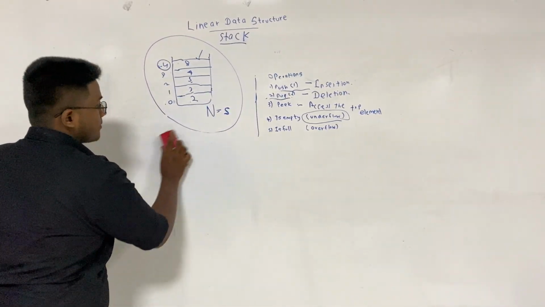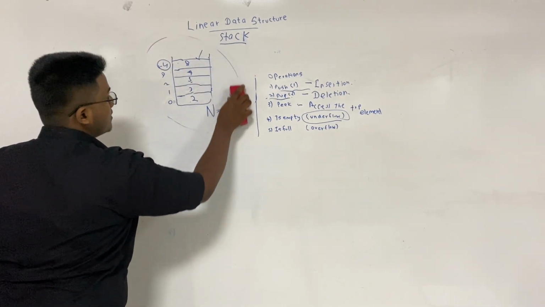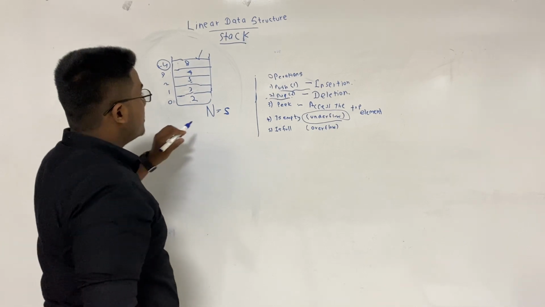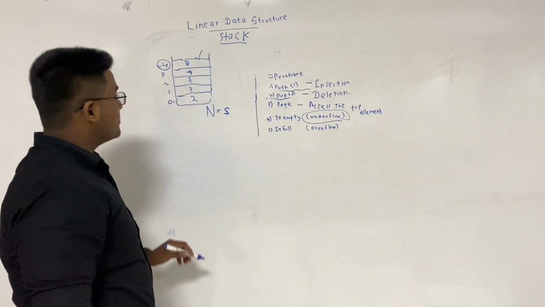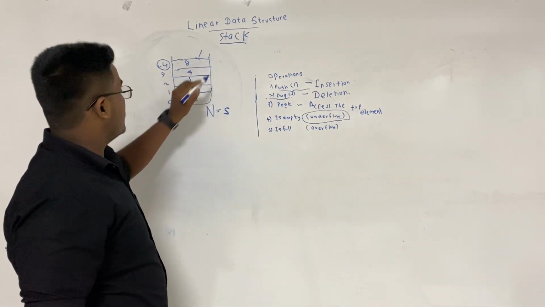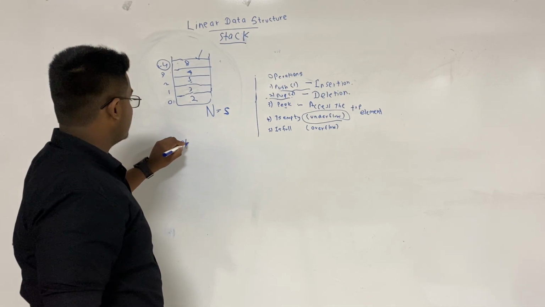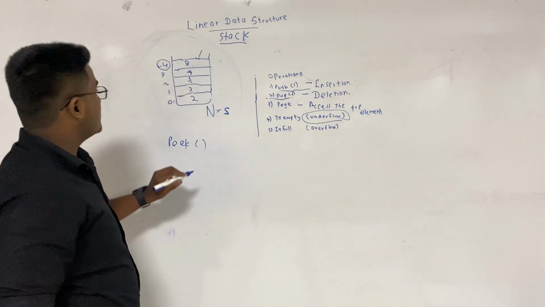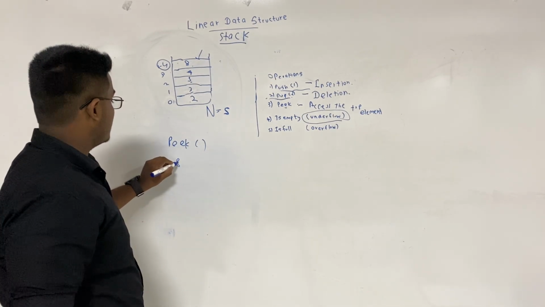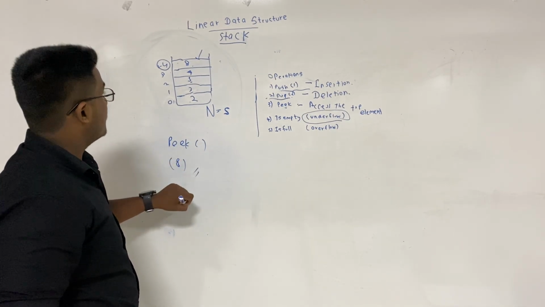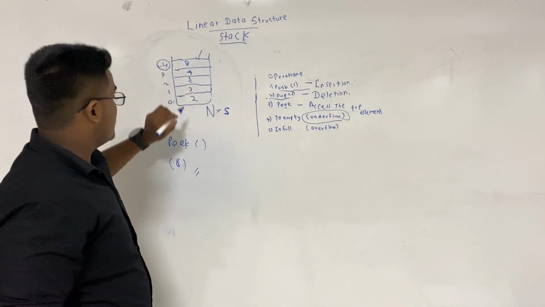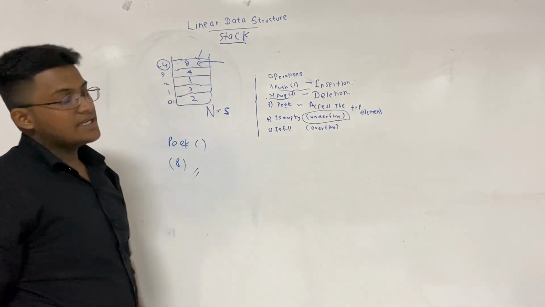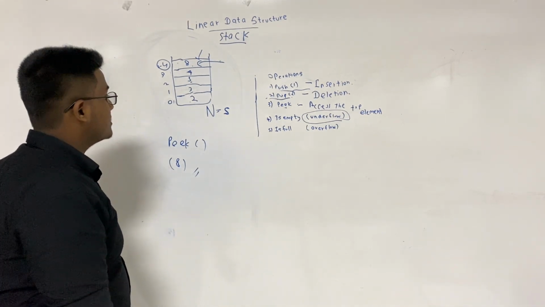And now we will move to peek. Peek means it's simple. If you do the peek operation, you are calling number 8. We are not deleting 8. We are accessing the topmost element. That is the operation done by peek.